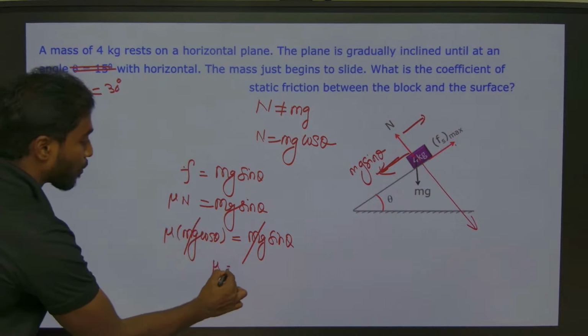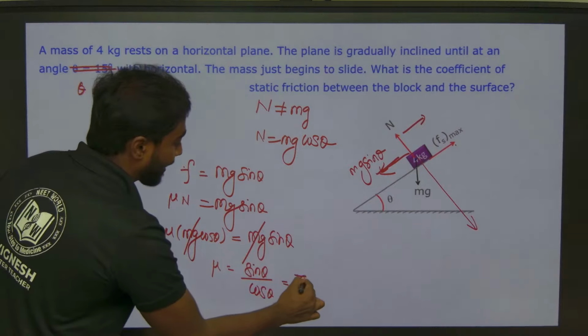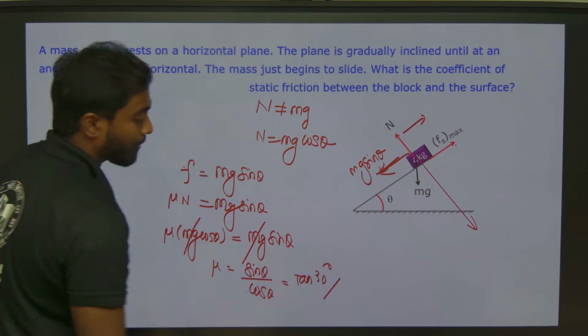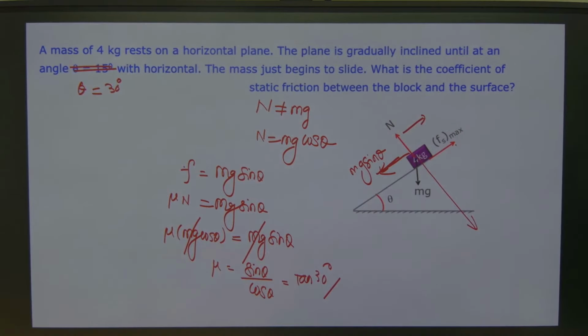So mu will be equal to sin theta by cos theta, equal to tan 30 degree. What is tan 30 degree? Give the answer. Yes, that's it.